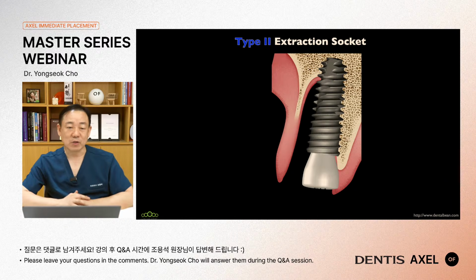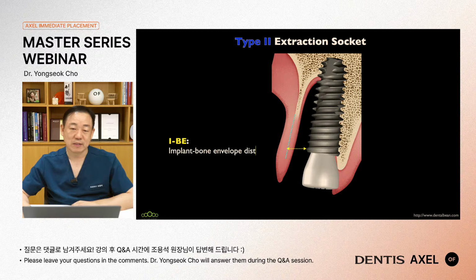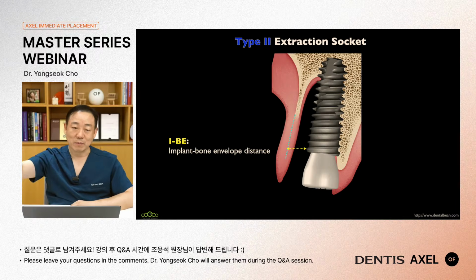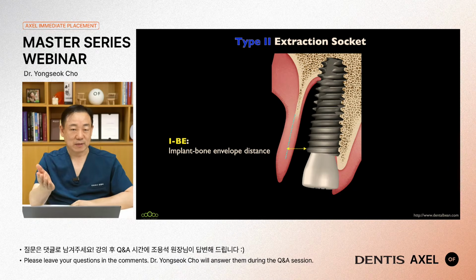So instead of IBP, I decided to use another terminology named IBE. E means bone envelope. Even if the labial plate is lost, we can draw the bone envelope which connects the adjacent bone level. Then this terminology, IBE, can be used.